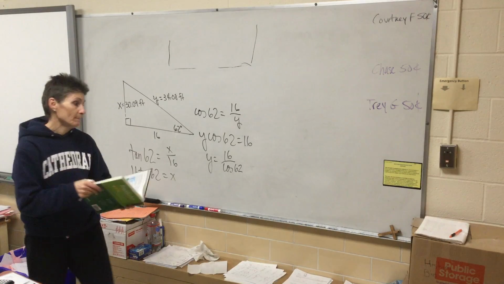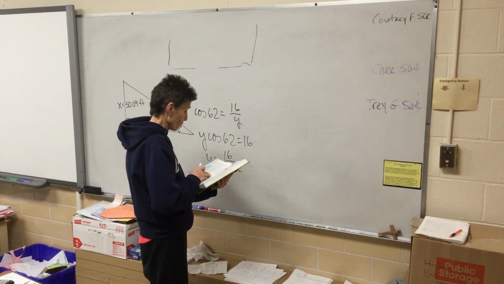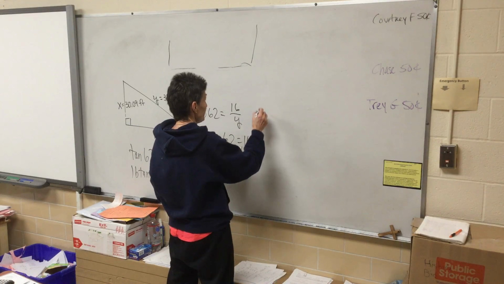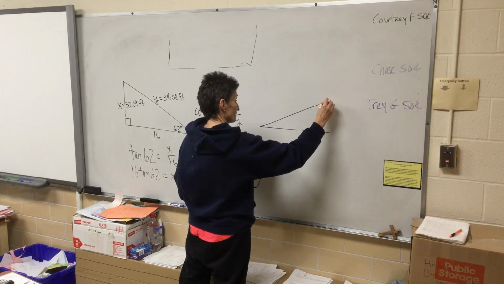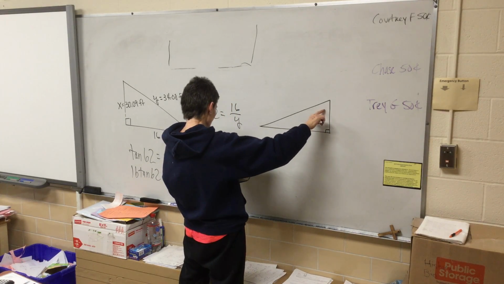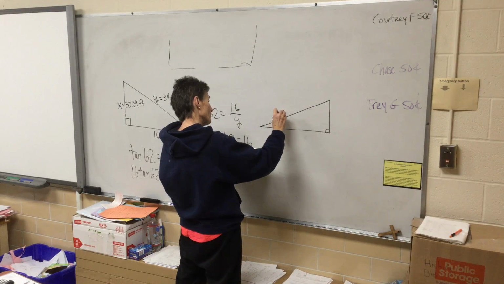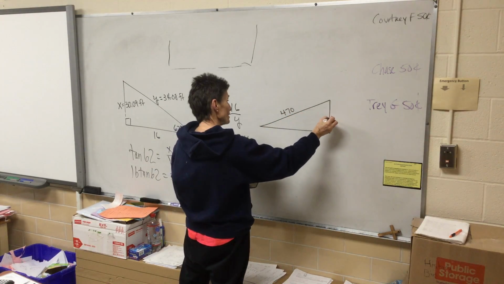All right, number 10. A ramp leading to a freeway overpass is 470 feet long and rises 32 feet.